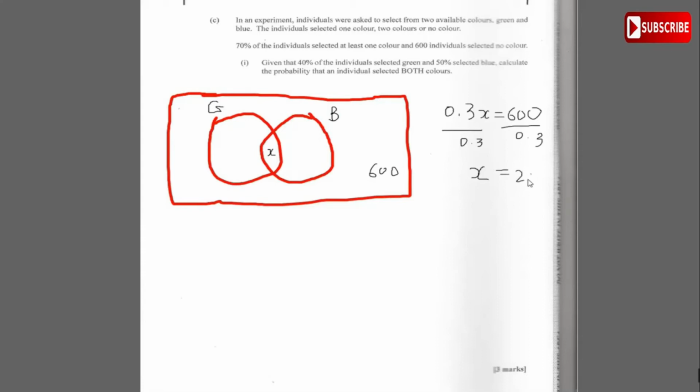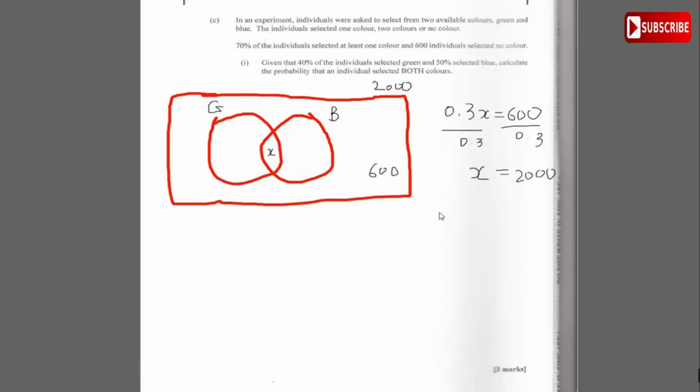X is 2000. All right, nice. If X is 2000, that means the universal set is 2000. And it said 70% selected at least one color, meaning the total in here sums to 1400. That means 70% is 1400.